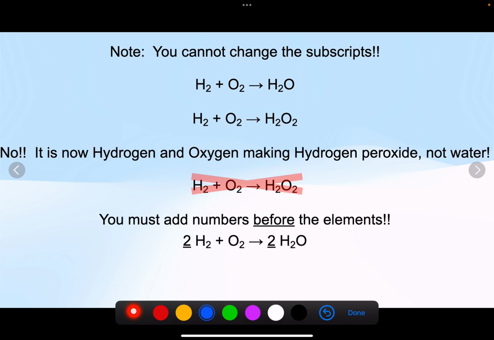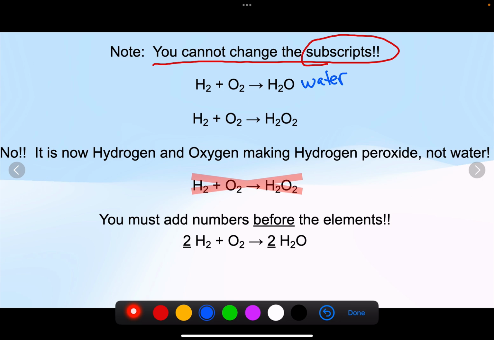Now, as I mentioned, you cannot change the subscripts. No changing. Cannot do that. Here's why. H2 plus O2 makes H2O. That's water, right? And if you're like, well, why can't I just add a little 2 here to make it a balanced equation? Well, you no longer are making water.